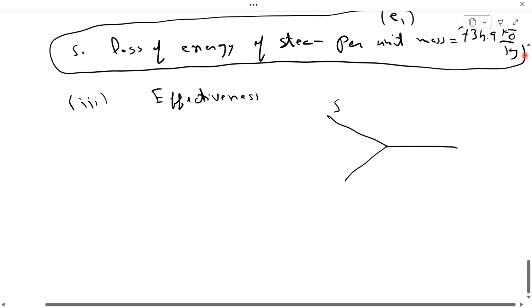This is the steam entrance, this is the feed water entrance, this is the steam plus feed water exit. From steam, the exergy loss is 734.9 kJ/kg.